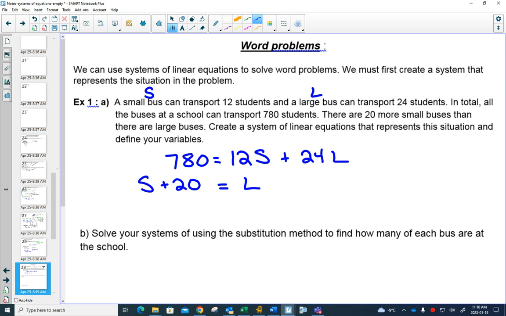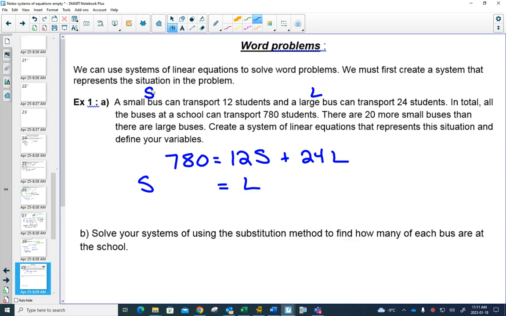no, is that right? Does that make sense? No, not quite. Which one has more, small buses or large buses? Small. So if I had this right now, which number would be bigger?